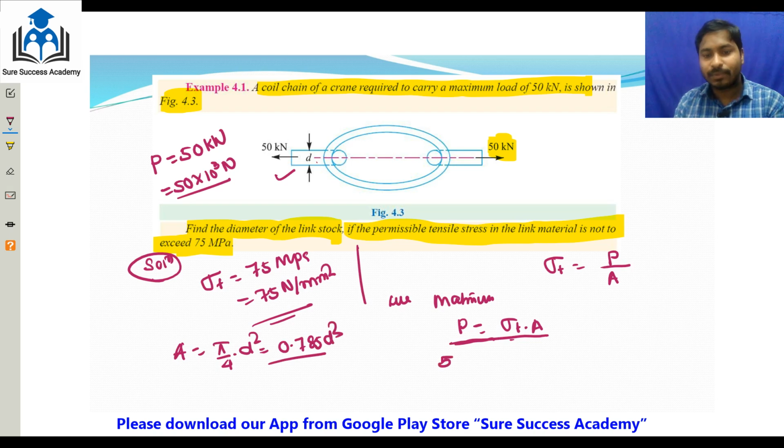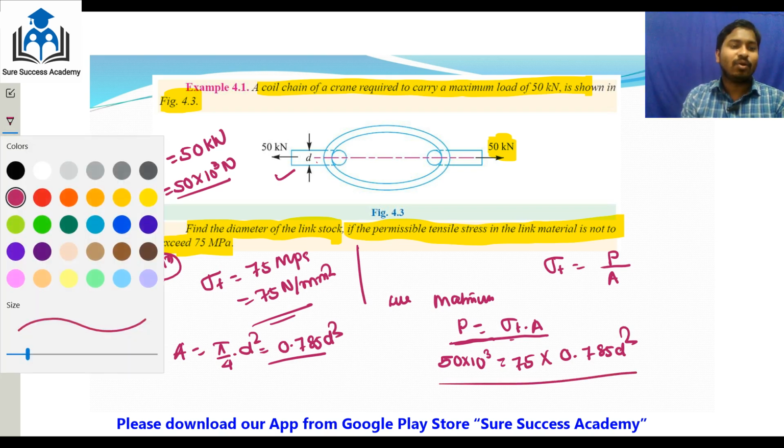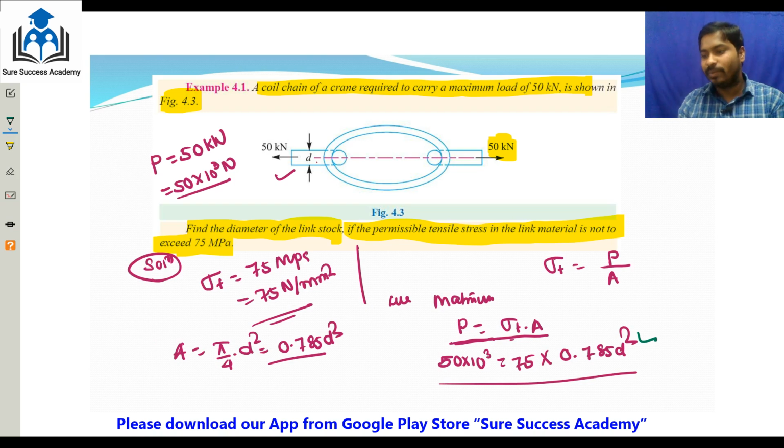If you put this in, the load is 50 into 10 to the power 3 is equal to stress, 70, into 0.785 d square. Here the only unknown is d. So you can calculate d square, which is coming around 850. So d is equal to 29.13. We can allow the design a little higher, so you make it 30 mm.